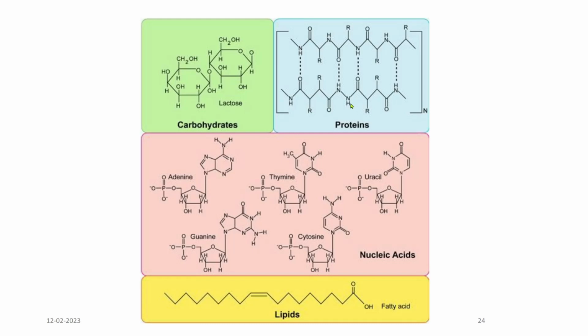In proteins, we have the amine group NH3, and in some side chains we also have amine groups, which have a nitrogen atom. In nucleic acids, we have a nitrogenous base itself, which contains nitrogen, and in lipids, we don't have any nitrogen. So the element which is present in proteins and nucleic acids and absent in carbohydrates and lipids is nitrogen.